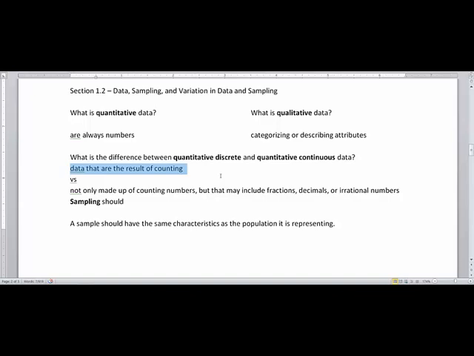In math, we have a word for that, which is integers. Integers are positive and negative whole numbers, and obviously whole numbers are easily counted. But quantitative continuous data, the difference between continuous and discrete, is when you have not only counting numbers, but also fractions, decimals, and irrational numbers.